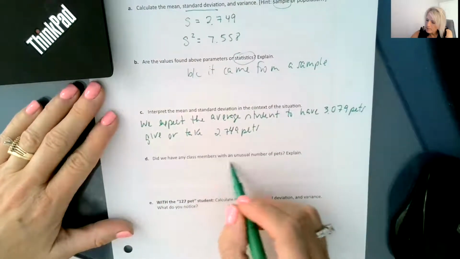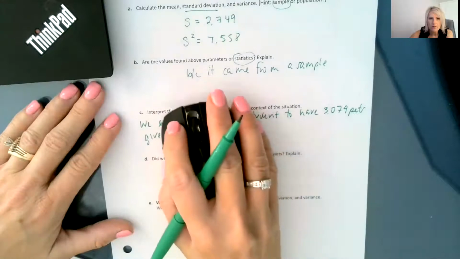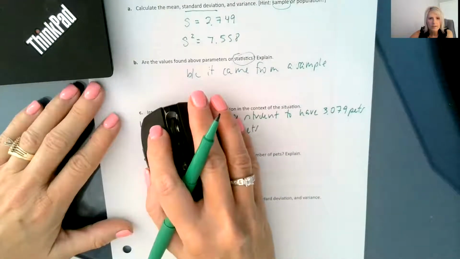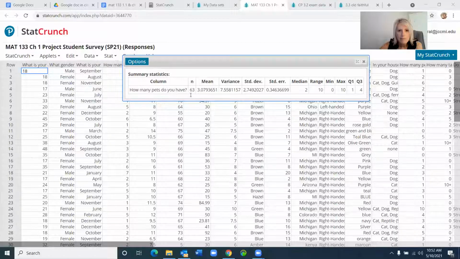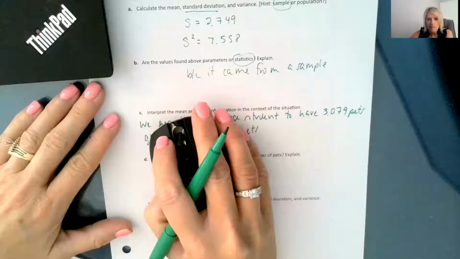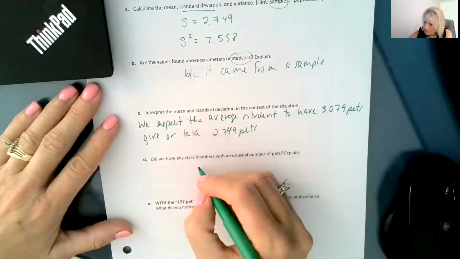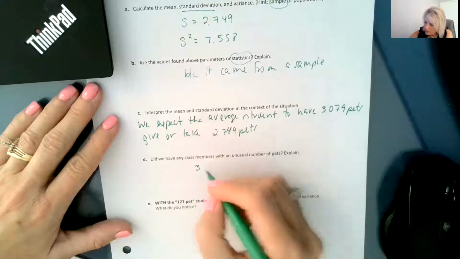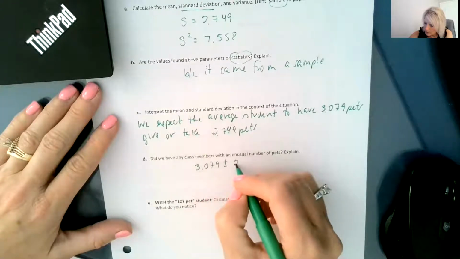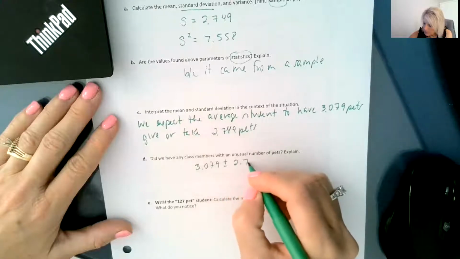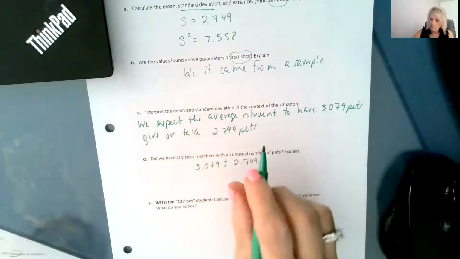Did we have any class members with an unusual number of pets? So what we'd have to do is take the mean and add 2 of these standard deviations to see that. So 3.079 plus or minus, we can do it both ways, 2.749.